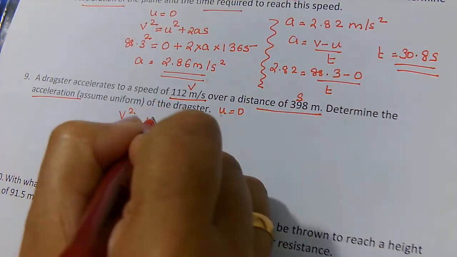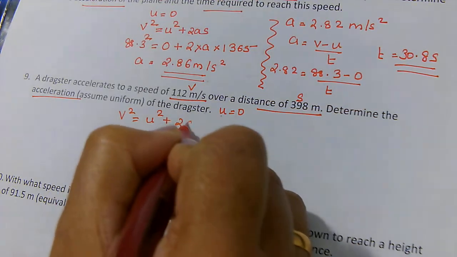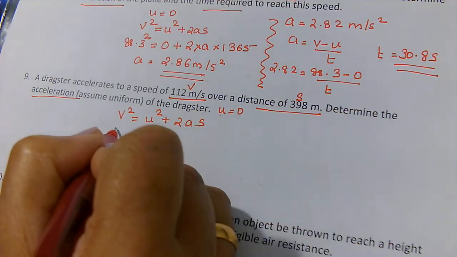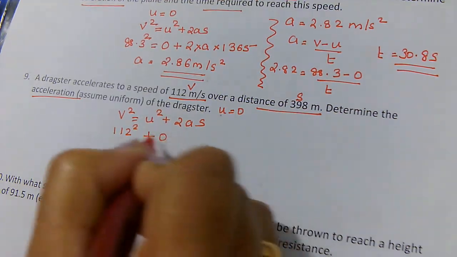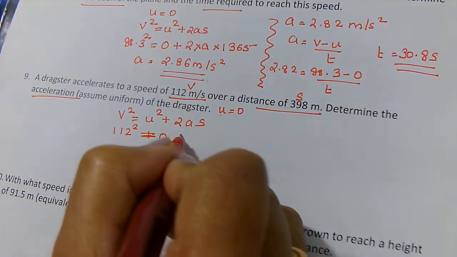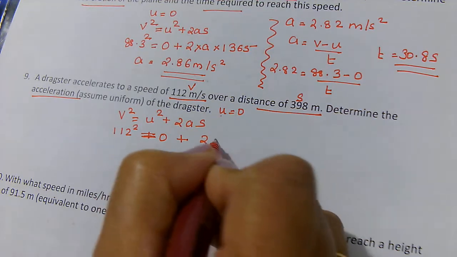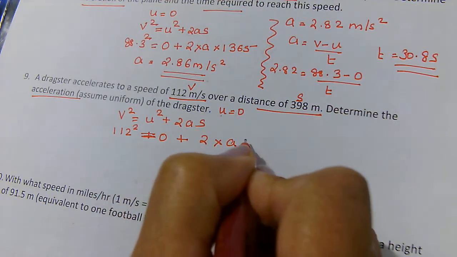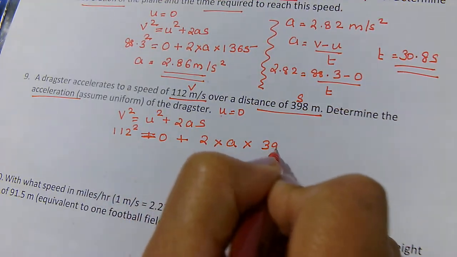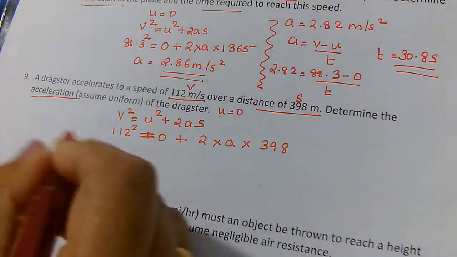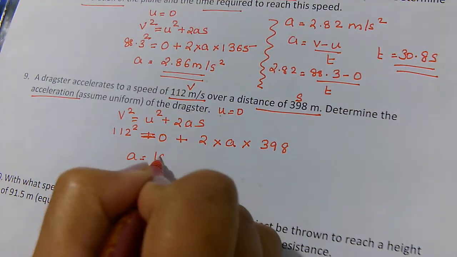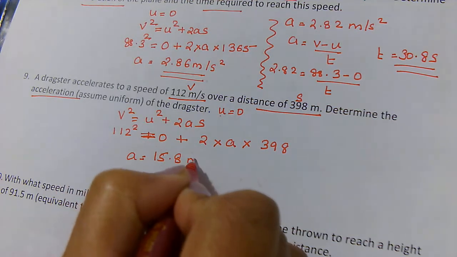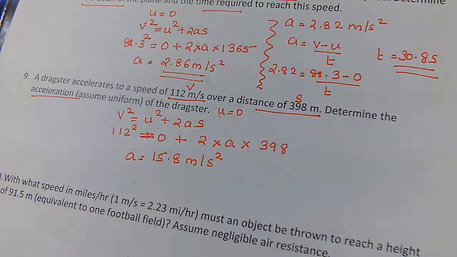V square is equal to u square plus 2as. V square is 112 square is equal to 0 plus 2 times a is what you need to find, s is 398. And if you rearrange it, you will get a as 15.8 meters per second square.